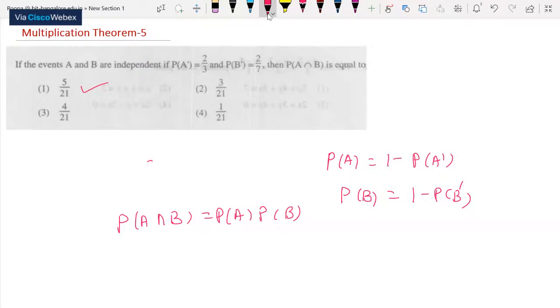5/21 is the first option. Even though some students are still struggling with how to do it further, I'm explaining on the board. Here I want A and B. From the complement, first you find the corresponding A and B happening values, and then, since they are independent, from the multiplication theorem we get the product. Everyone attending the class, I think it is clear.